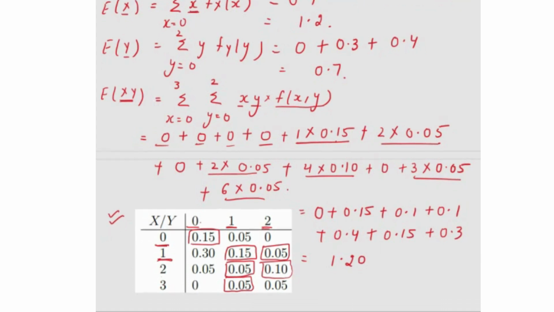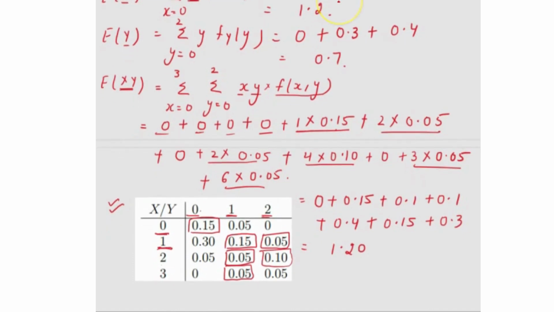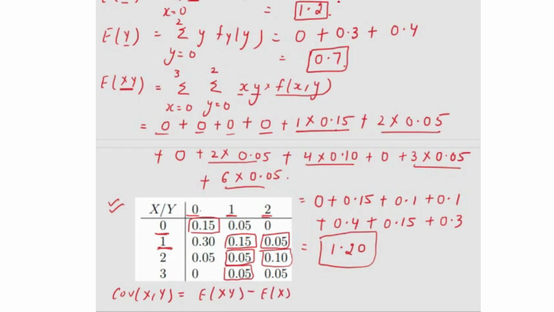Now what is the covariance? We know that expected value of xy is 1.2, expected value of x is 1.2 and expected value of y is 0.7. So covariance, by the computational formula, is expected value of xy minus expected value of x into expected value of y. Substituting the values, this is 1.2 minus 1.2 multiplied by 0.7.